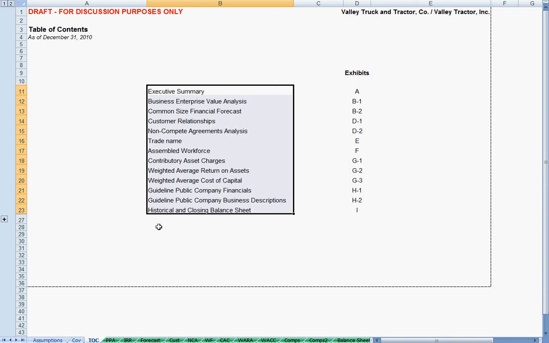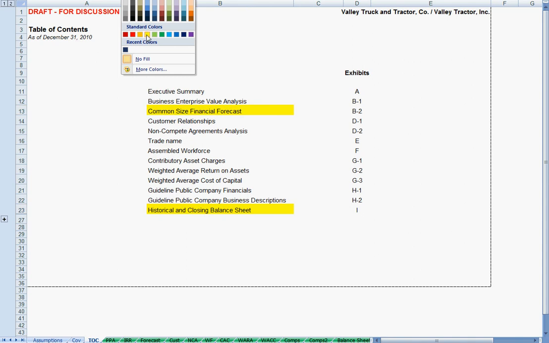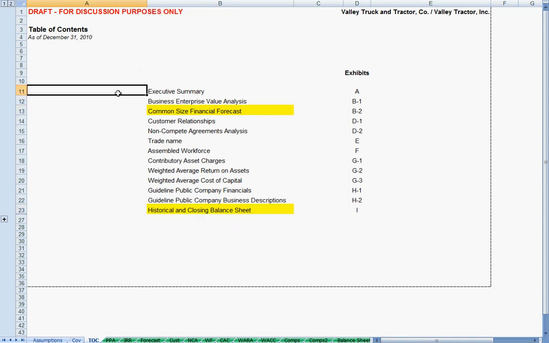Typically what you will see is the historical balance sheet and closing balance sheet is linked to the client information, as well as the financial forecast here is linked to the client information, and let's just highlight that for a second. Once those sections are linked, still there is no analysis done. It's just the right information being put into the model.